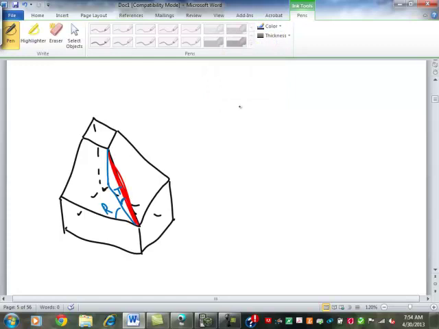Two ways I can give this to you. I can either give you dimensions or I can give you angles. For this one, I think I'm going to give you angles.